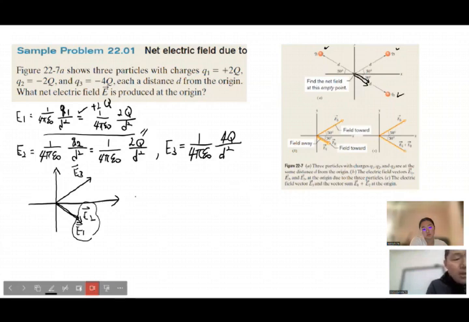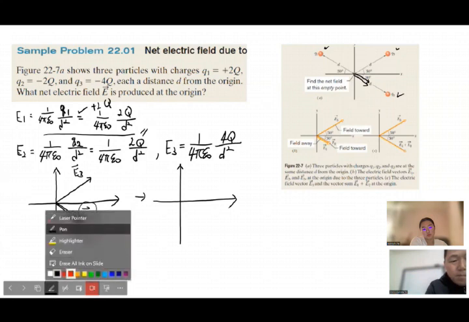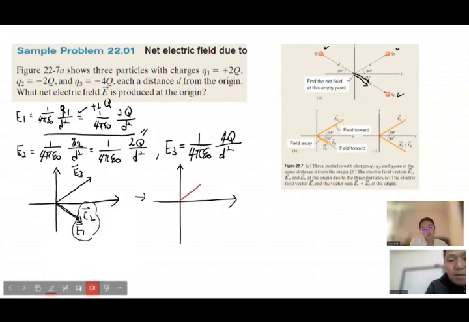So you do that, then that should be like this. This is E3, and you have a new vector E1 plus E2. The angle is 30 degrees, and the angle of E1 plus E2 is also 30 degrees, but with a negative sign.